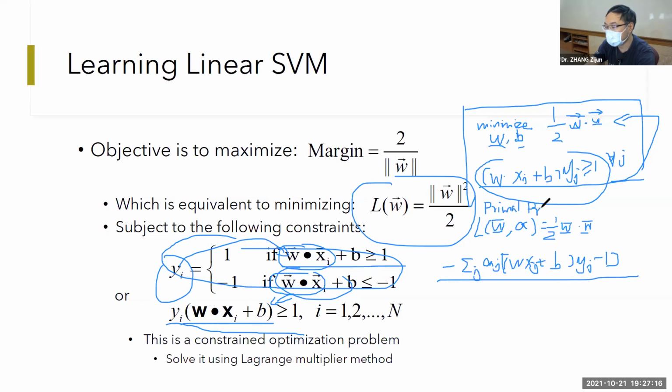If you have knowledge about optimization, then you know that the primal problem can be equivalently transformed to a dual problem. This is called duality. Due to the duality of the problem, the primal problem can be converted to a dual problem.